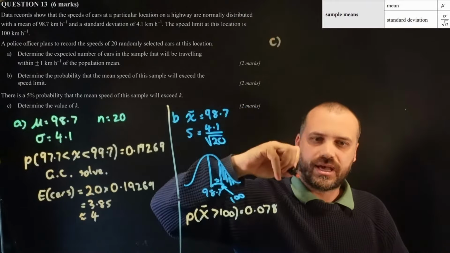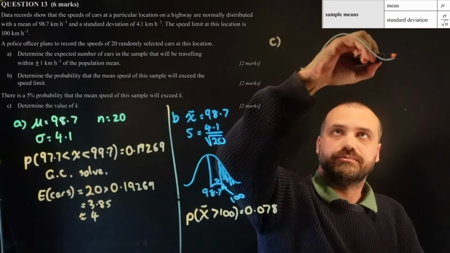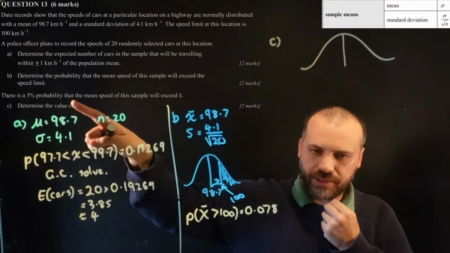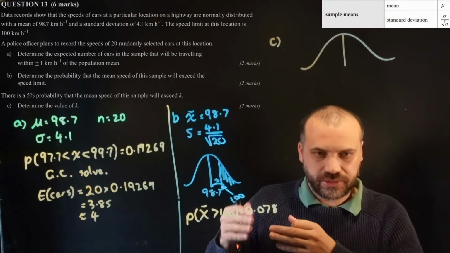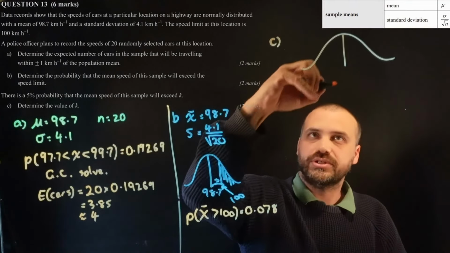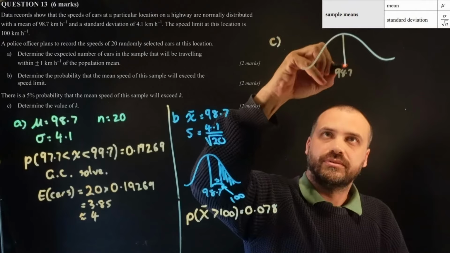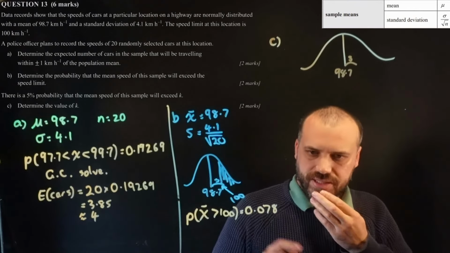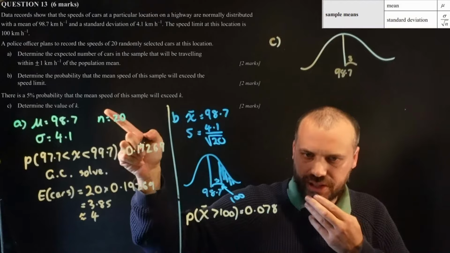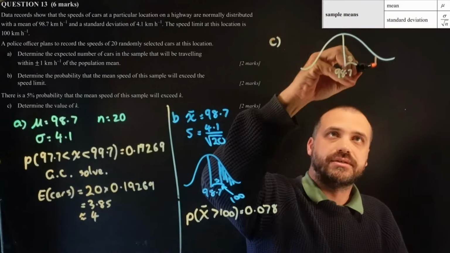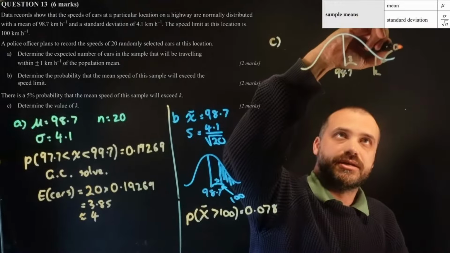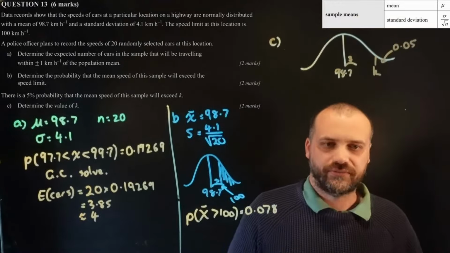All right. And we'll just draw it. We have, remember, this is now sample means again because it's the probability that the mean speed of the sample. So we're still using that 98.7. We're still using this S value here. And it says that there is a 5% chance that the mean speed will exceed K. Right, so the area under here is 0.05.